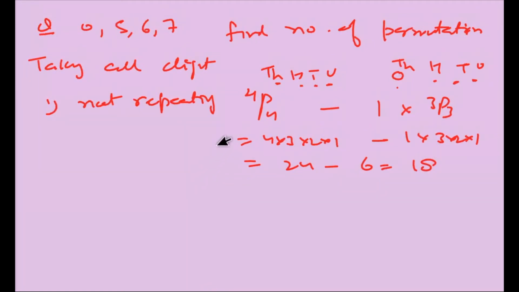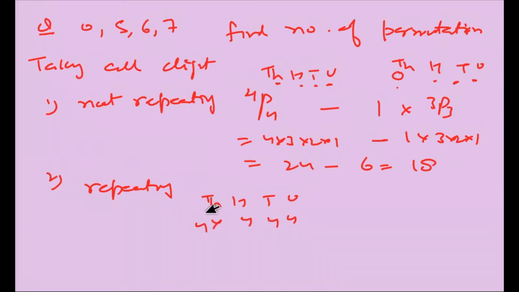Okay. If 0 is on the thousands place, mathematically that cannot be counted as a 4-digit number. Similarly, now repeating, you can place the unit, tens, hundreds, and thousands by 4 into 4 into 4 into 4.